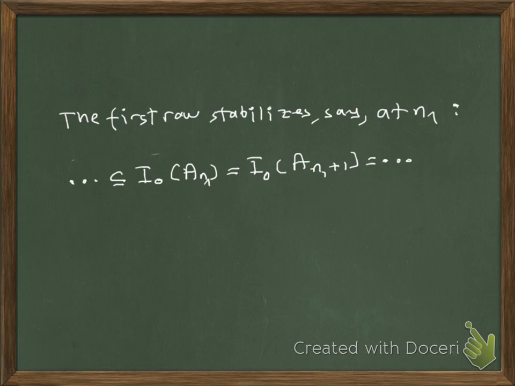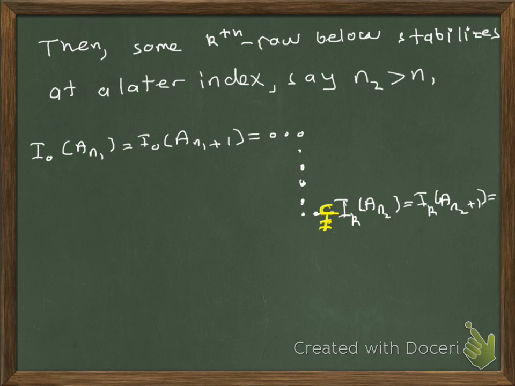Now, since there's no upper bound by hypothesis, the one that we've just adopted, there's another index, n2, which is strictly larger than n1, at which a row that's further below will stop. In other words, there will be a row number k, which will not stop until it reaches this n2 index. So that gives us a proper inclusion.